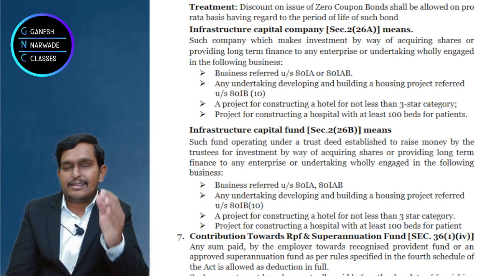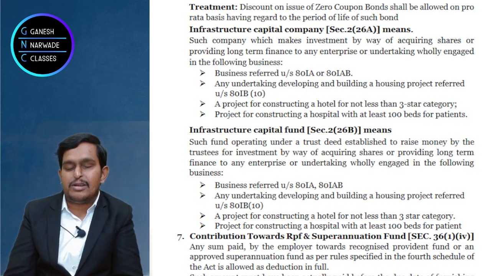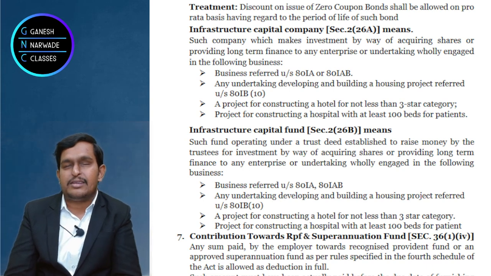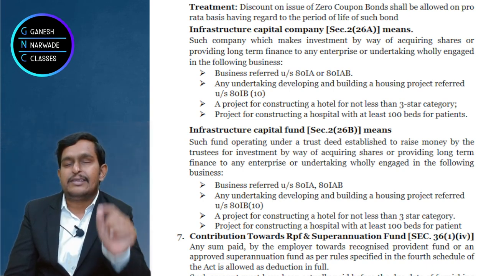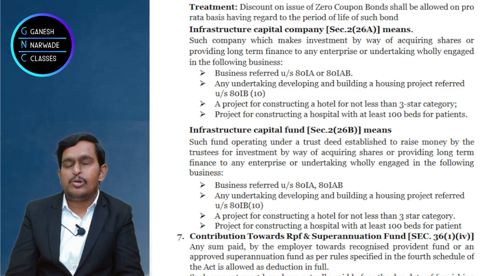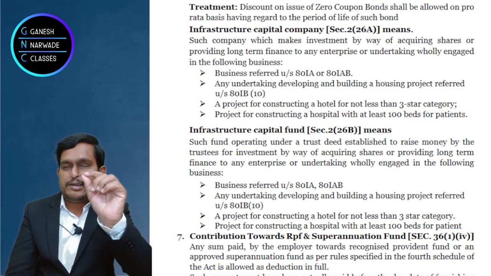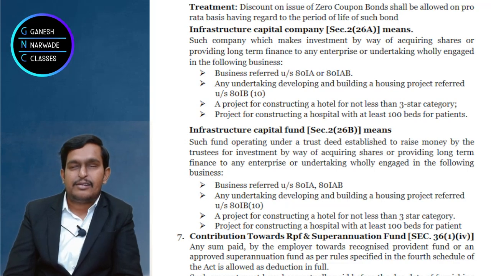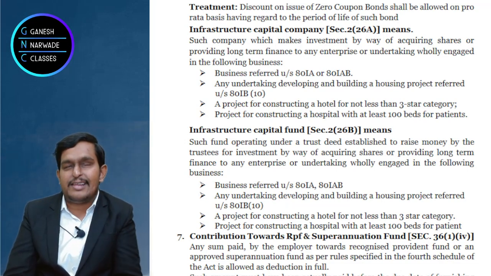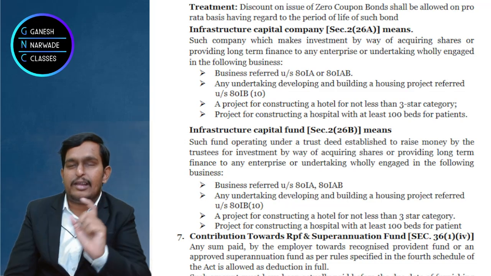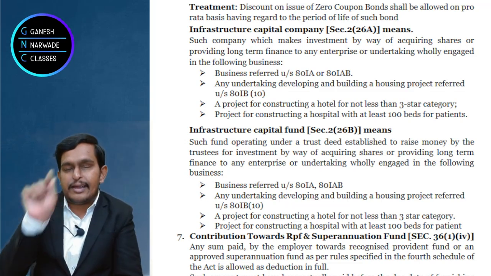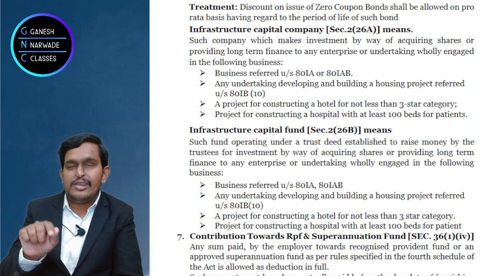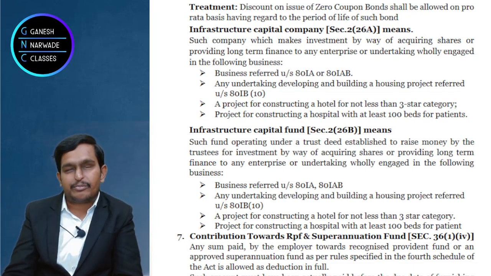If that month has less than 15 days of the bond period, then ignore such month for calculating the monthly discount. How will you get the total discount? The maturity amount minus whatever the subscriber pays. Divide it by the number of months as I counted, and you will get the monthly discount. Whatever monthly discount pertains to this previous year, you claim it as deduction.